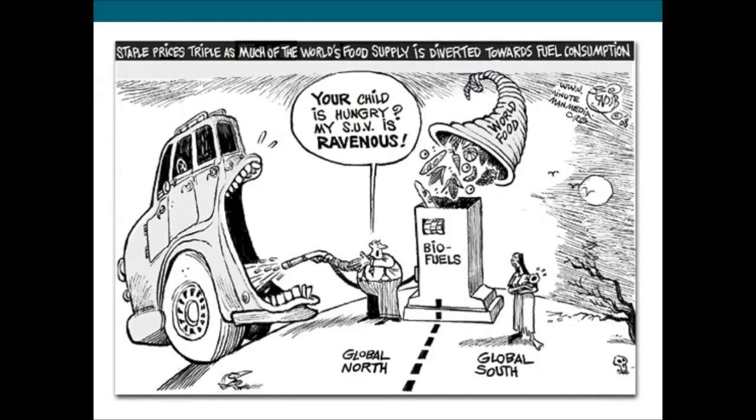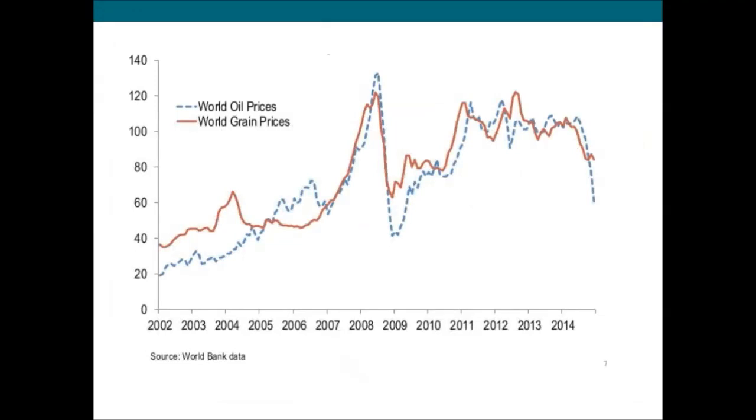The reality, though, is that the reason the price of food went up so much is because the agricultural sector uses enormous quantities of oil, and oil suddenly got more expensive. If you plot over time, in red the world grain prices, and in the blue dotted lines the world oil prices, they are remarkably correlated.